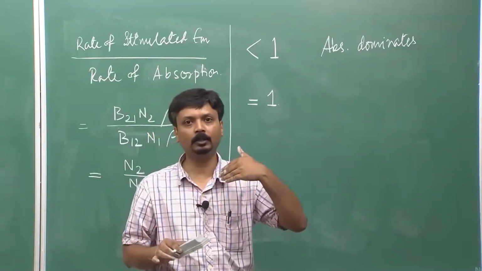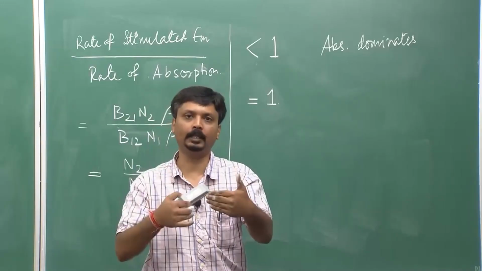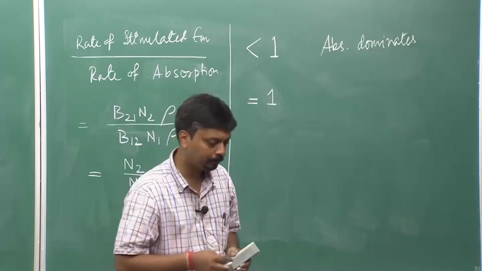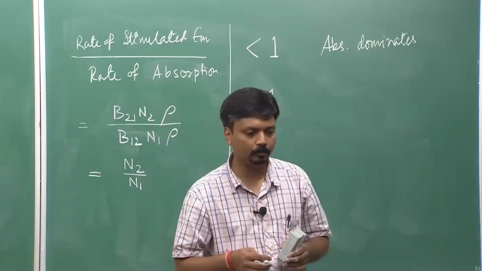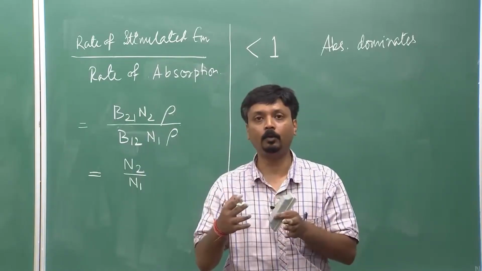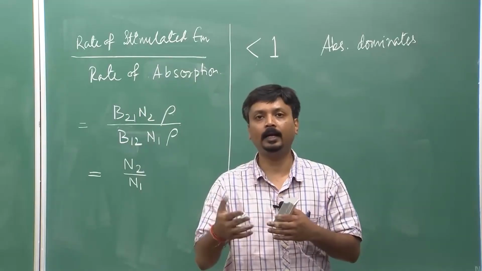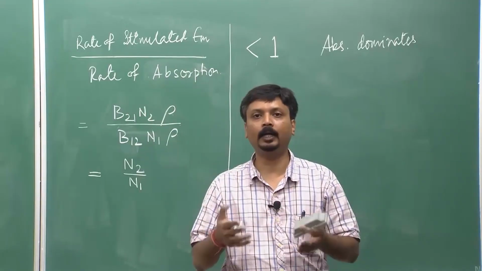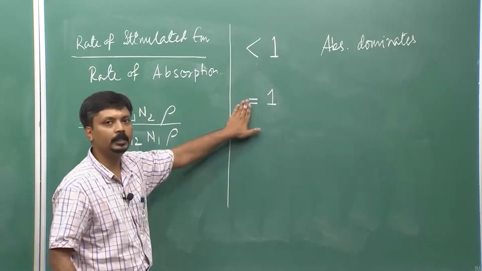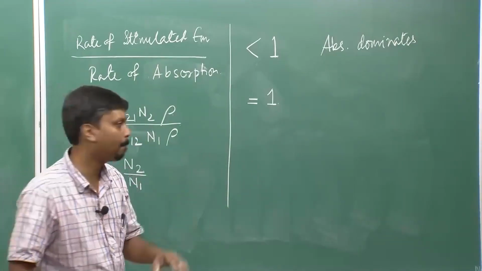What I am spending and my earning should be much more than that. Then only can we get a light output which is much more energetic. If I have to supply more than I get, then it has no importance. So these two conditions are not going to lead me anywhere close to having laser action.